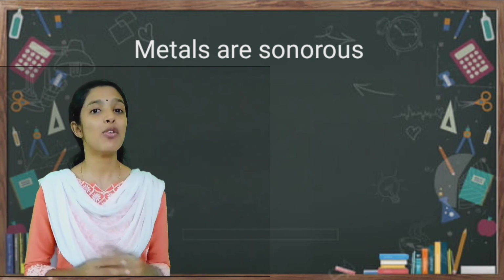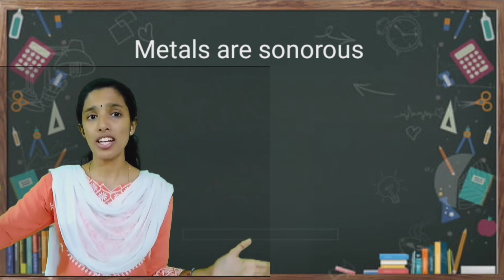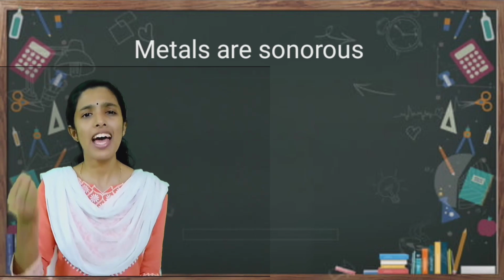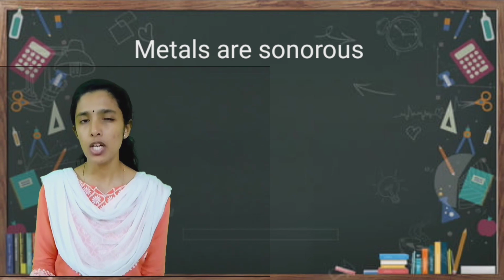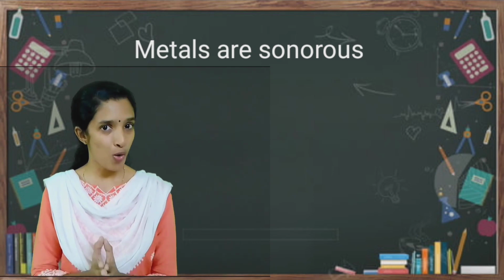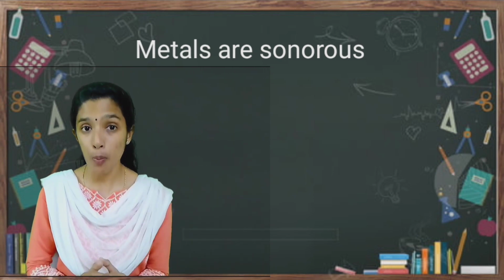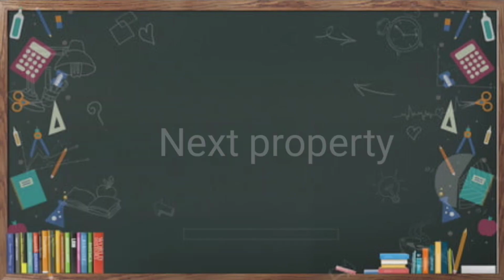So, the ringing sound from a bell, the coins, when they fall to the floor, have the click sound, and the guitar and many string instruments produce a beautiful sound, all because metals possess the property of sonority.